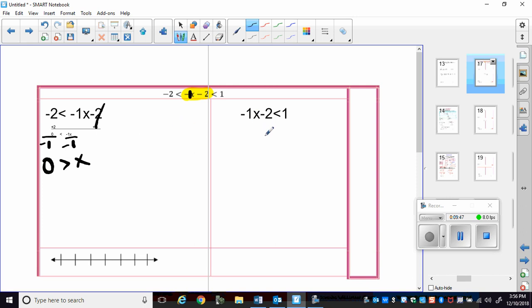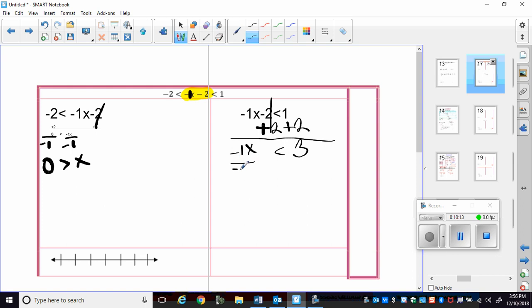All right, for the next one, I'm going to add 2 to both sides of the inequality symbol. So hope I didn't lose you. -1 comes down, this goes away, symbol comes down, 3 comes down, -1x, excuse me, it comes down.